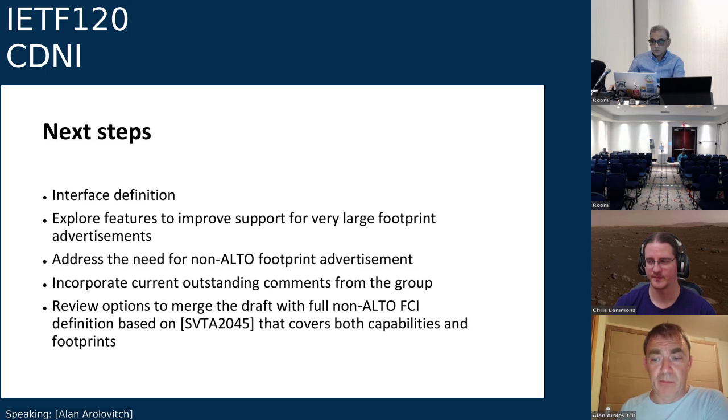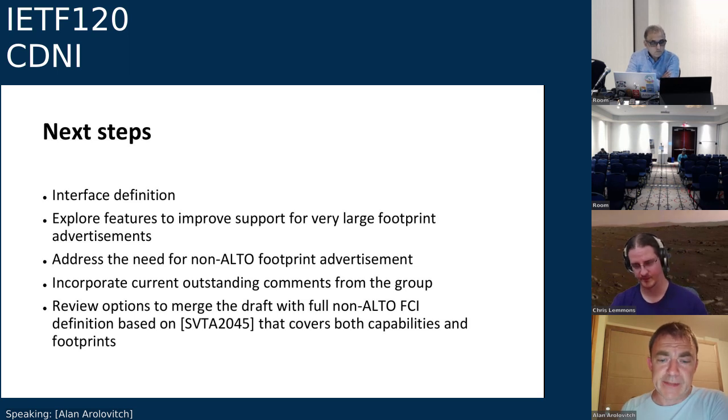Because I think the big missing hole is that we don't have non-ALTO FCI expressed in the SVTA document, and we don't have it in a CDNI document. So that's a decision to make. We can pursue refining the footprints in the meantime. There's certainly work to do there, but the question for the chairs is: do we see this being concluded and published as separate footprint advertising, or done together with capabilities? That's all I have.